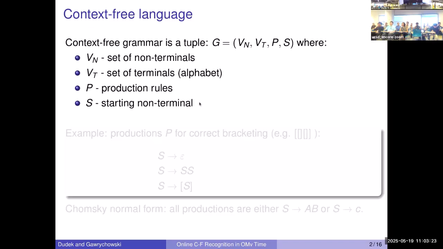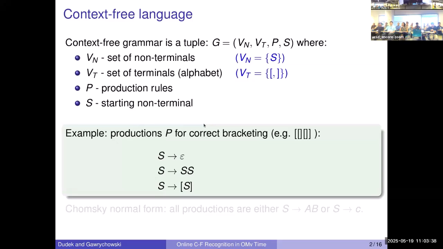We are given a context-free grammar, which is defined as a tuple of four elements: non-terminals, terminals, a set of production rules, and a starting non-terminal. The most basic, classic example is a grammar describing correct brackets.